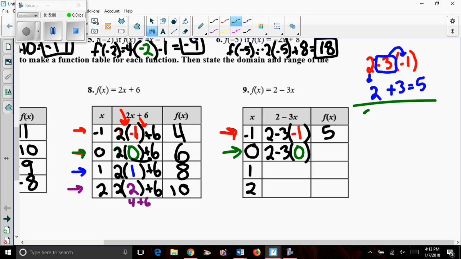So 2 minus 3 times 0. If I take this negative 3 times 0, that's just 0. And I bring down my 2, because what is 2 plus 0? Or, as many of you might say instead, minus 0. It should still be 2. So 2 is my answer here.